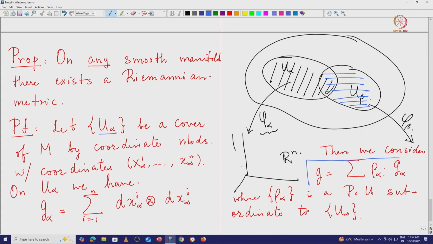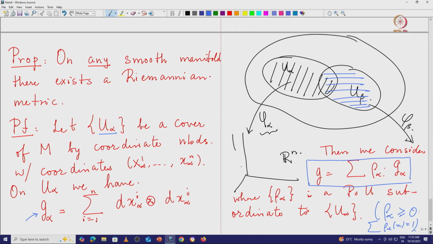Okay, so one can check this formula defines a global symmetric 0 2 tensor which is positive definite, and hence it defines a Riemannian metric on M. I'll leave the details as an exercise. You have to check that this defines a symmetric tensor and that it defines a positive definite tensor, and all of this follows because the G alphas define symmetric and positive definite tensors, and recall that the rho alphas are always non-negative, and at any given point the summation of rho alpha is 1.